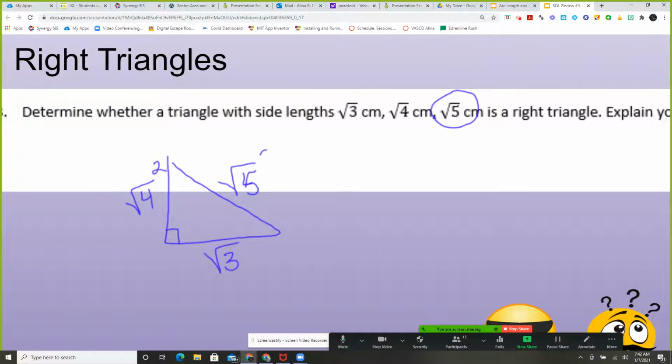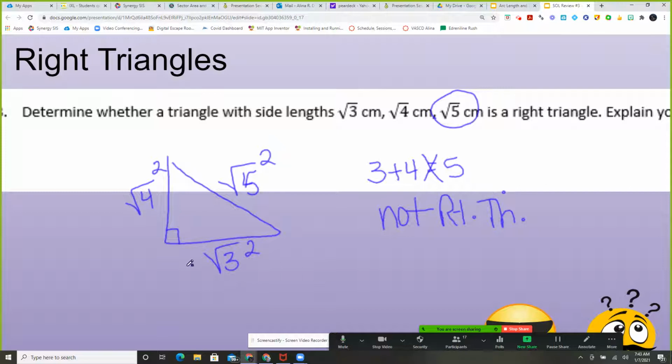If I square these and put that in my calculator, is 3 squared plus 4 squared equals 5 squared a true statement? No, it is not. So if that's not a true statement, then this is not a right triangle, because the Pythagorean theorem isn't true.